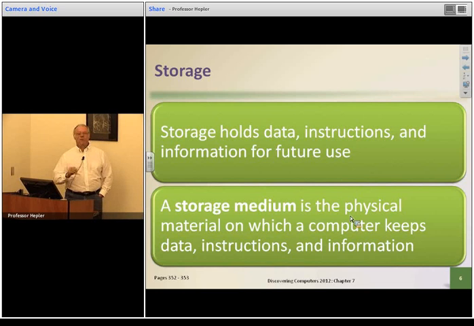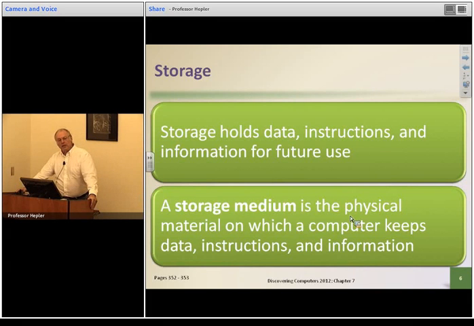Storage has to be physical on some level, because if you lose power, the only thing that remains is physical storage. So somewhere, somehow, there has to be physical storage for everything you're doing. When you go to a web page, that web page is being pulled from physical storage somewhere and sent to you via the internet.